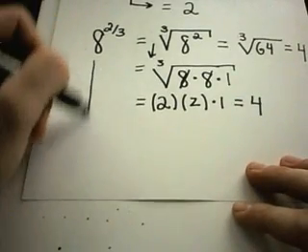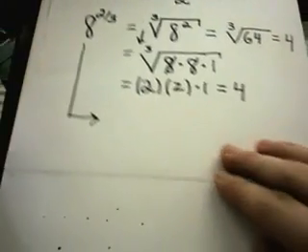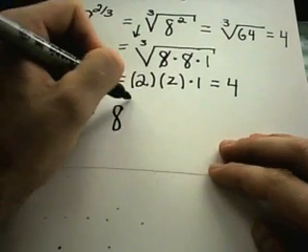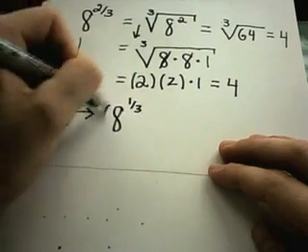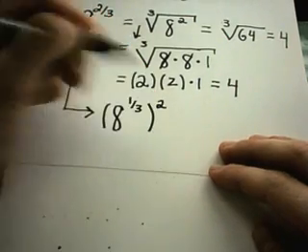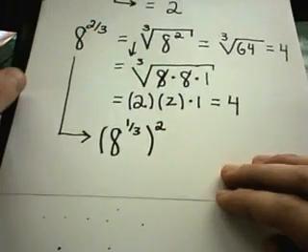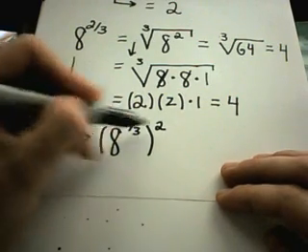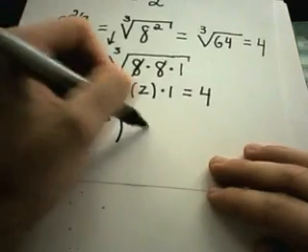Probably another important example of doing a problem like this. Notice you can write 8 to the 2/3 power as 8 to the 1/3 power squared using properties of exponents. Right, because if it's in parentheses, you multiply the exponents.